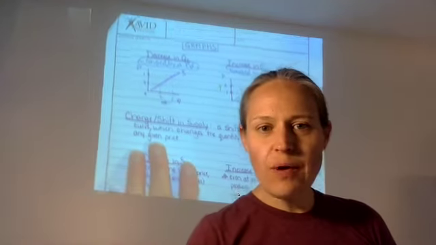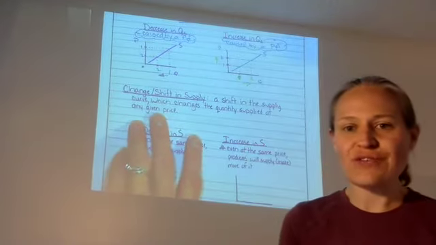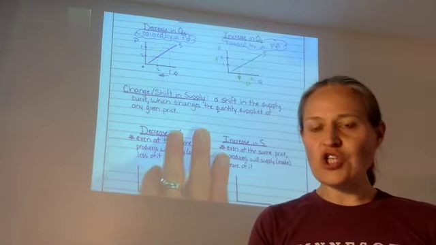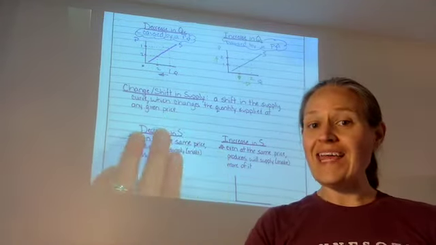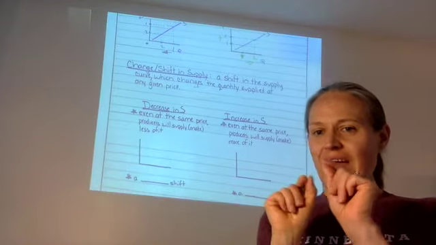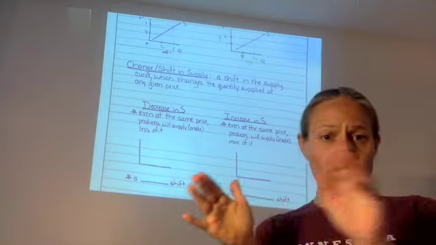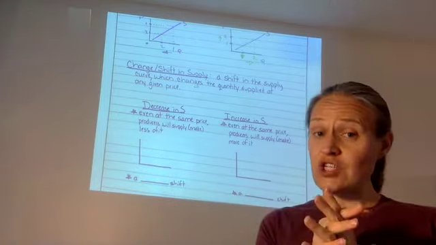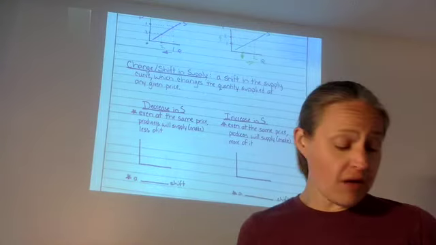All right, well, let's talk next about the change or shift in supply. It says a shift in the supply curve, which changes the quantity supplied at any given price. So at every given price, the quantity supplied will either increase or decrease. That is a shift or a change in supply, and there are two different types of changes, the decrease and the increase.